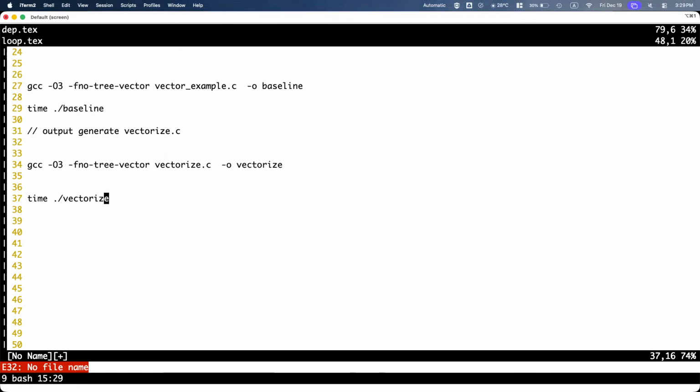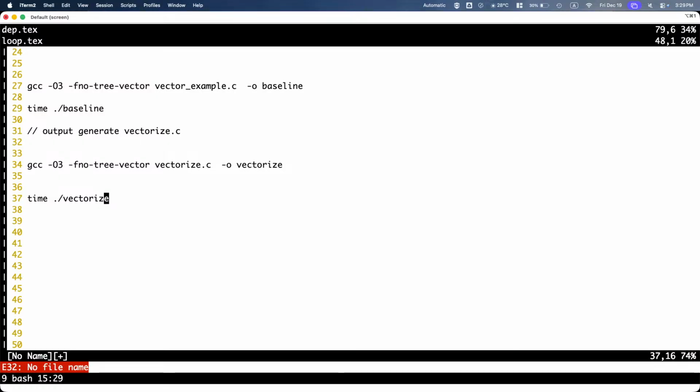What transformations do you have to do to vectorize? Strip mining, and mark the inner loop for vectorization. You are not vectorizing it yourself; you are telling GCC, boss, vectorize it here.